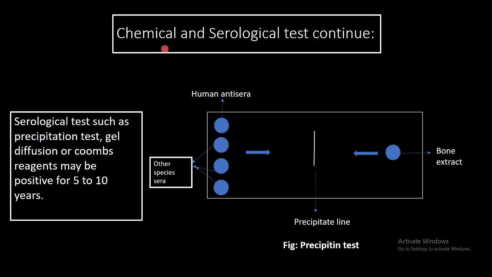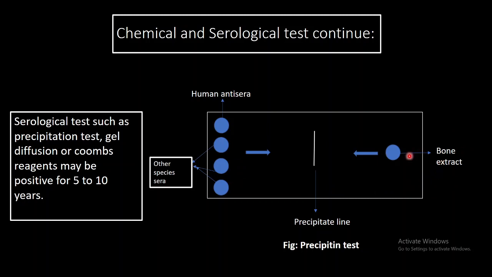Now, continuing with chemical and serological tests, serological tests such as the precipitation test are useful. Gel diffusion or the Coombs reagent may be positive for 5 to 10 years, so we can also use this method. Here you can see the wells in the gel.